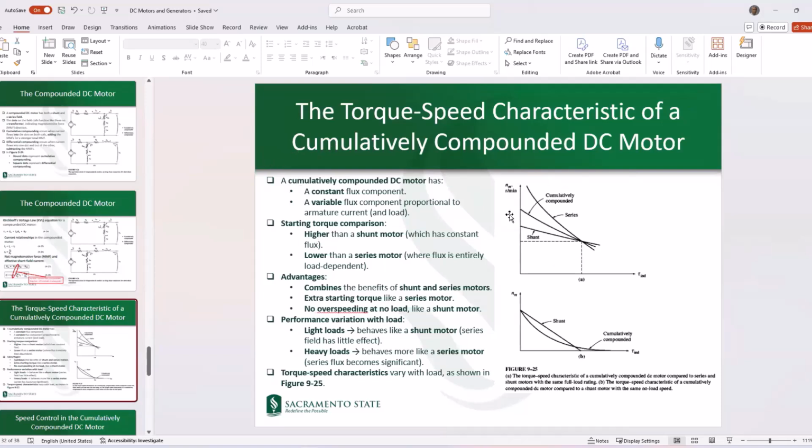Now, in terms of the torque versus speed characteristic, if this is the typical behavior associated with a shunt, and this is the typical sharp behavior associated with a series, the cumulatively compounded would be something in between these two, which has advantages from both, but is not completely the same as either individually.